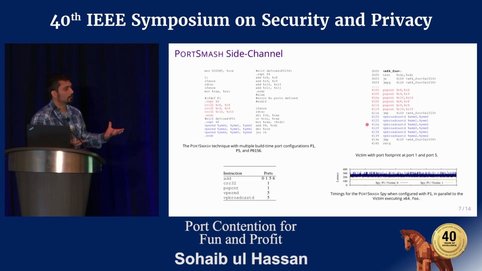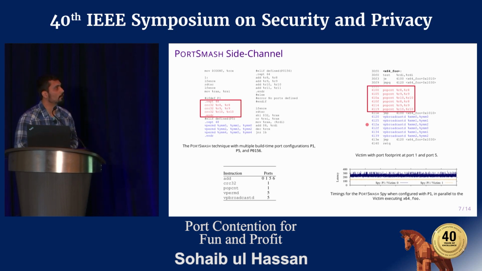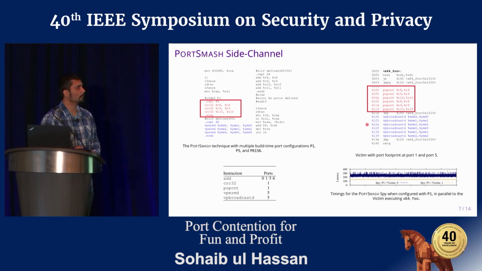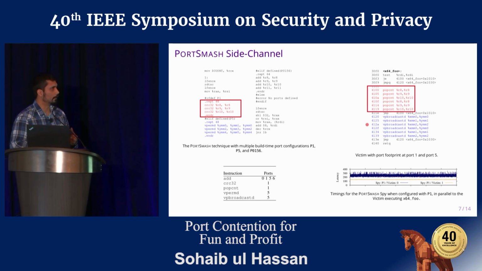Now the attack starts when we run the spy. Here we configure the spy on port 1. So the spy is executing instructions on port 1 and waiting for the victim to start running its code. When there is a bit 0, the victim will start executing the first part of the branch.